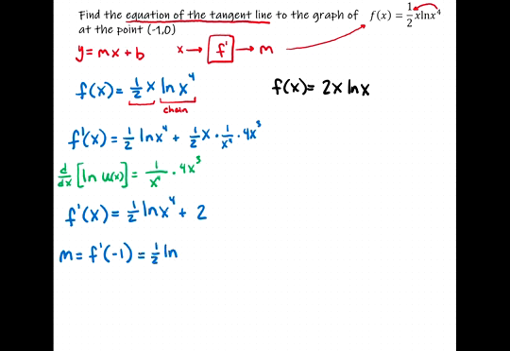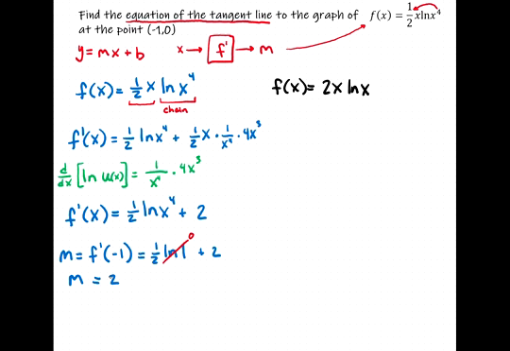Well, negative 1 to the 4th power is 1, plus 2. And we know the natural log of 1 is equal to 0, so that first term cancels. So the slope of our tangent line is equal to 2.